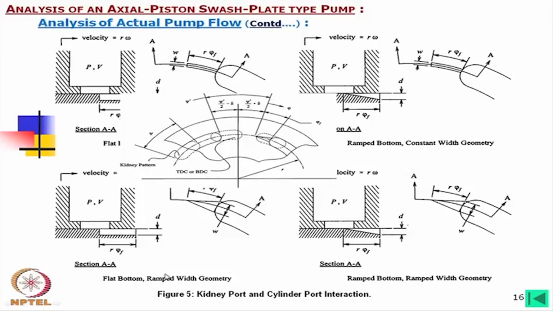In this case, this is a flat bottom, ramped width geometry. That means this is flat, but this is gradually increasing, whereas here it is a ramped bottom, ramped width geometry. That means this is also inclining, and if we consider the surface area, that is increasing.